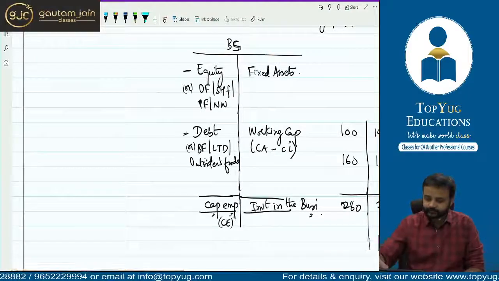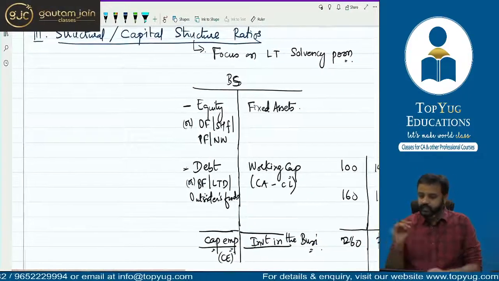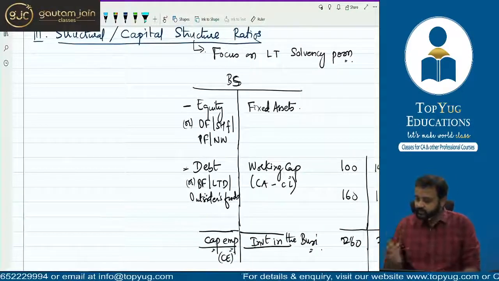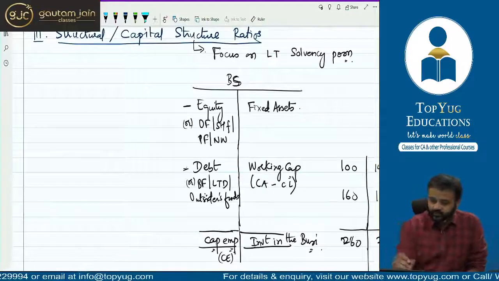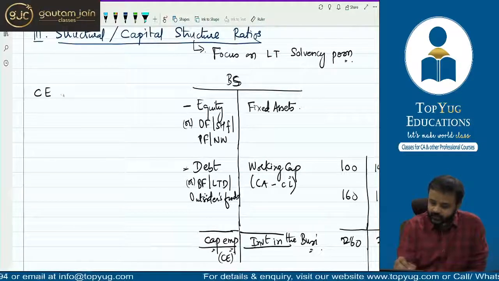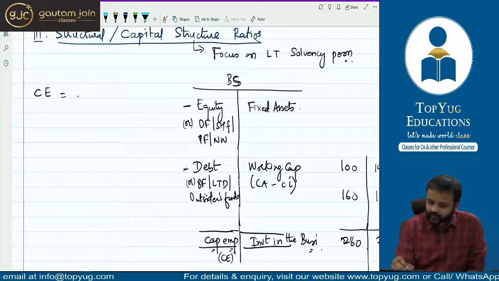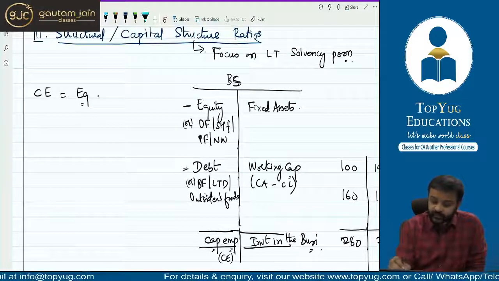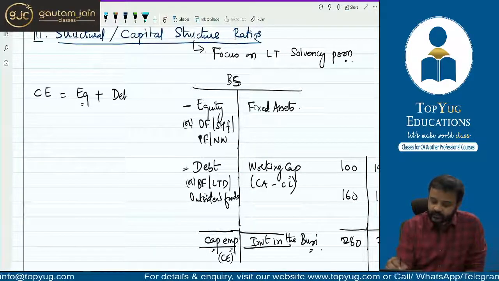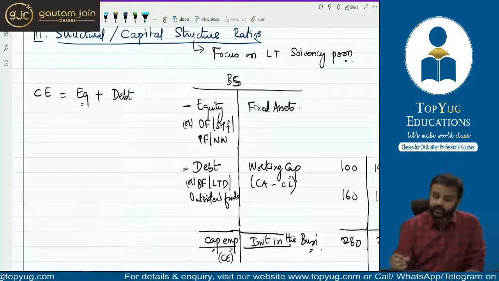Now, we have followed this, we have understood this earlier also, we have talked about. So can I write here capital employed is equal to equity plus debt? Yes sir, we can write.